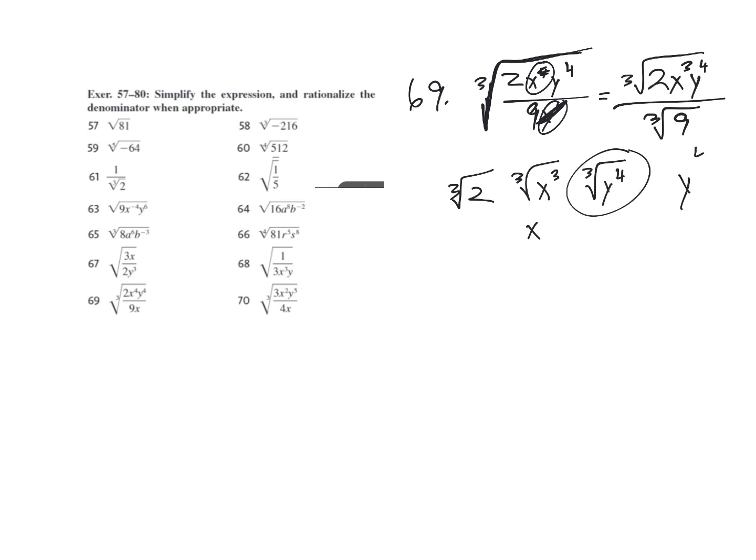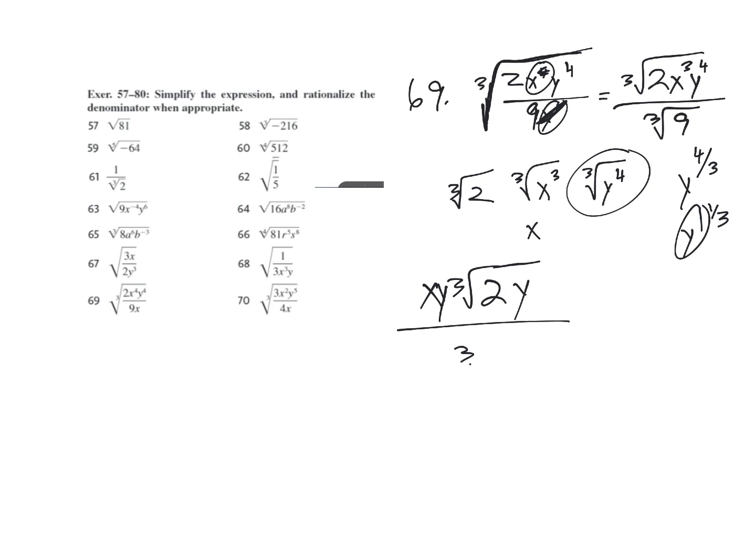That's y to the exponent over the root, and again we simplify that as y to the 1 and 1/3. So we can take one y out, and we still have a cubed root of y left inside. So on the top we have the cubed root of 2, an x on the outside, and a y on the outside, and a y on the inside. That would be the y to the 1/3.